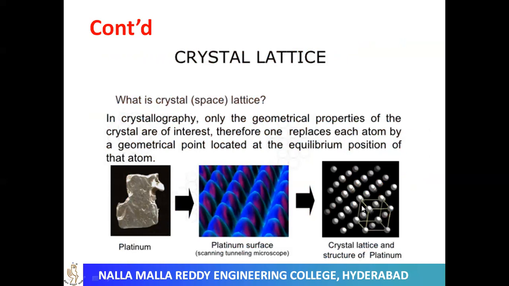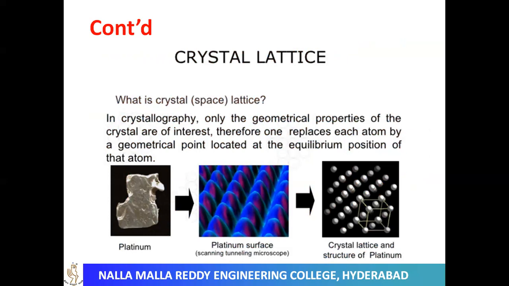For example, we have shown a platinum solid particle, its crystal lattice and the structure of platinum. There are 14 possible three-dimensional lattices known to us. These lattices are named after the French mathematician who first discovered them. Thus, they are known as Bravais lattices.